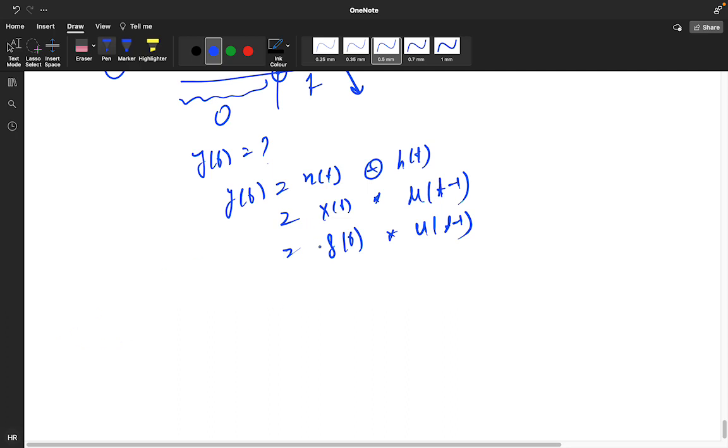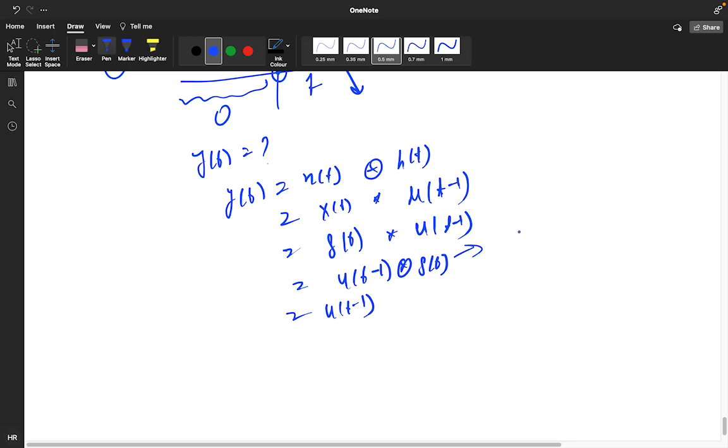You can also write it like this: u of t minus 1 convolved with delta t. I told you the property, it will be the same: u of t minus 1 convolved with delta t means u of t minus 1 will come directly. You can write it like this.